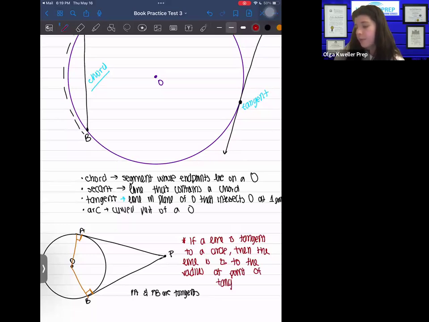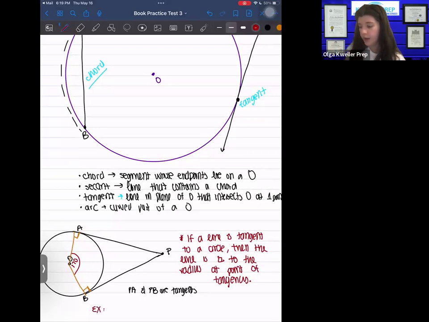So I've seen them, for example, tell you that this is, let's say, 170 degrees, and they could say find angle P. How would you do that? How would we find angle P here?